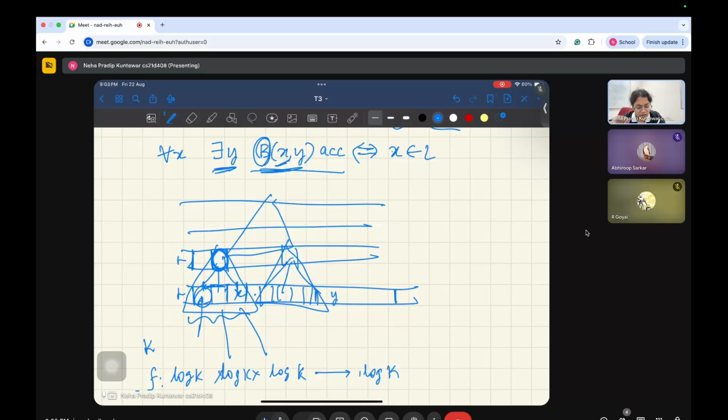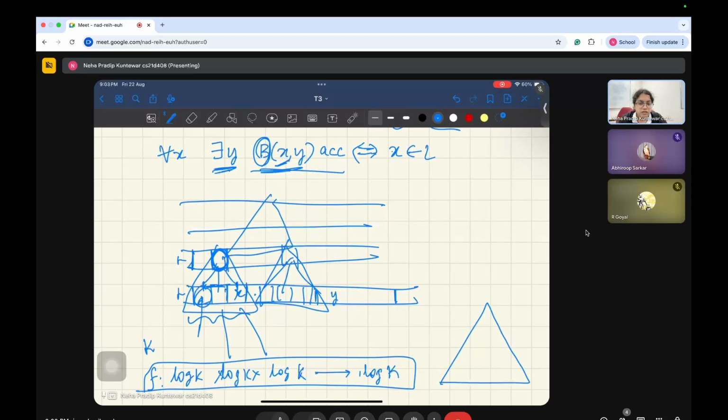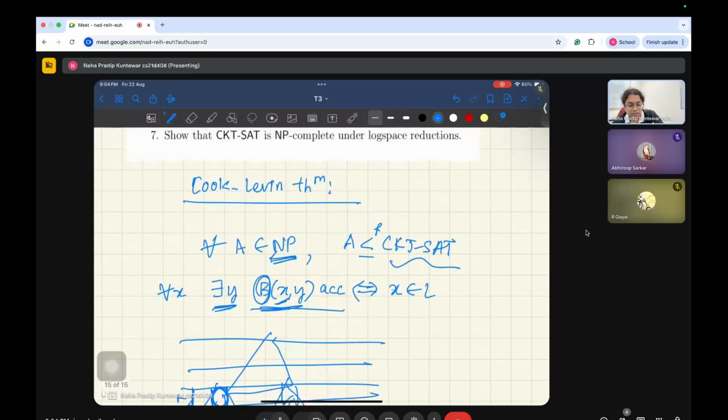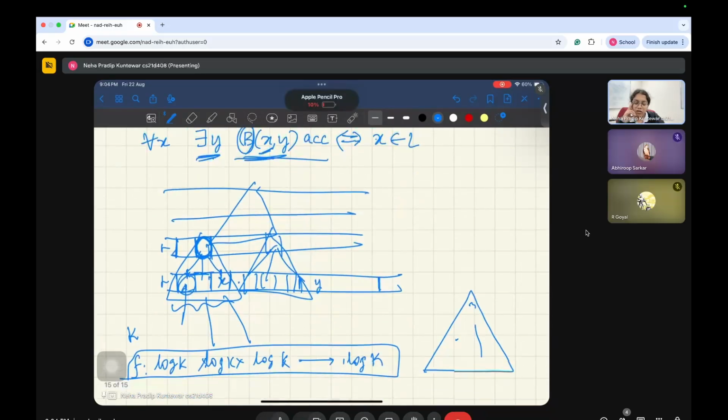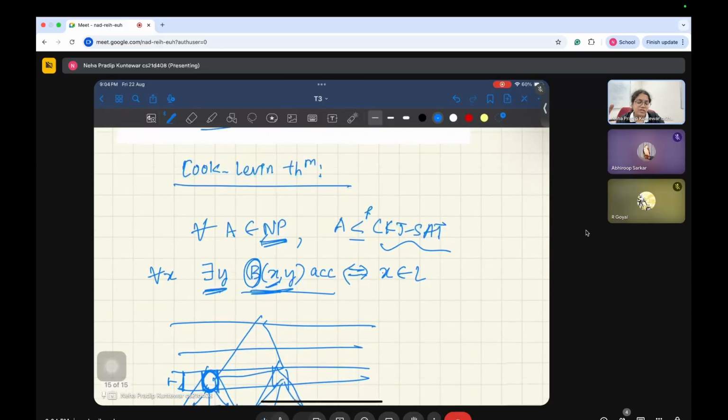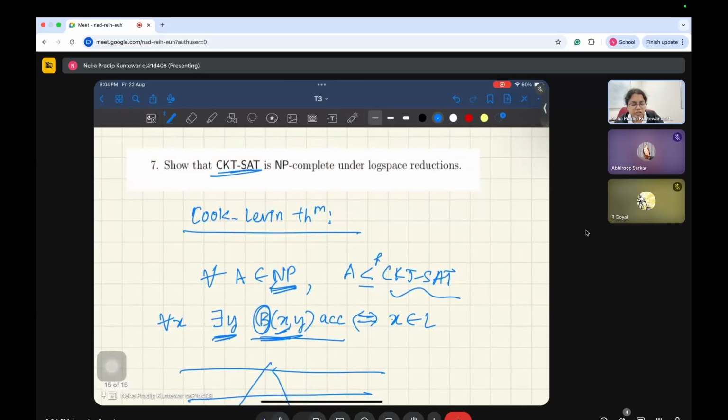This particular function can be computed by a circuit. That showed that every NP problem can be converted into an instance of the circuit SAT problem, which is how we got that circuit. Now we are doing something further. We saw this conversion can be done in polynomial time, but we are observing something stronger, that in fact it can be done in log space.